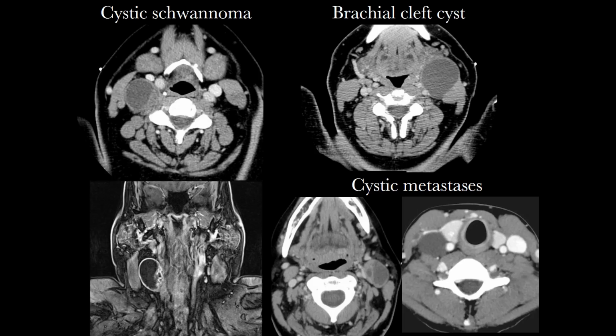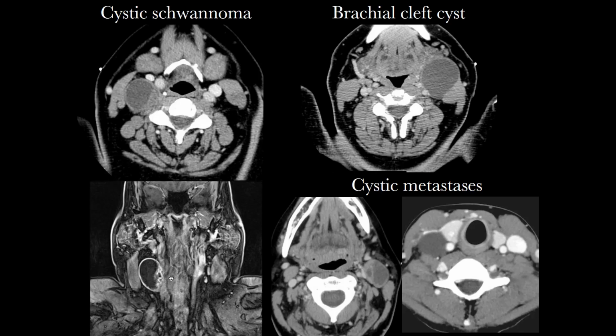If it's a sinus, do you know where it drains to? What branchial cleft is this more likely to be? Second, yeah. Where does the second drain to if it's a sinus? The tonsil, yeah. The tonsil, and then the third and the fourth drain to the piriform sinus, so lower down.